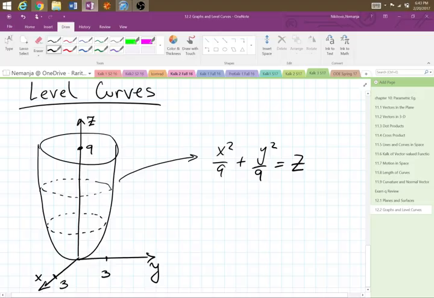So this is x, and this would be x equals y squared over, let's say, 9 plus z squared over 9. And it's wrapping around x-axis. So we keep going though, right?